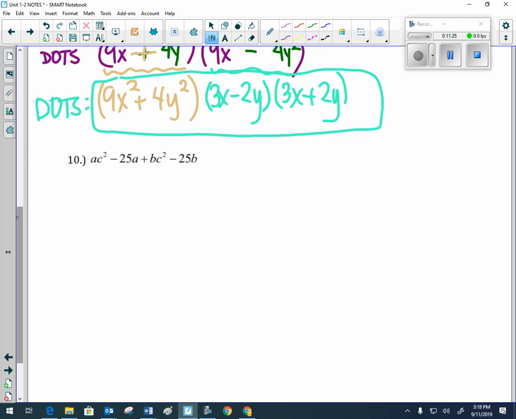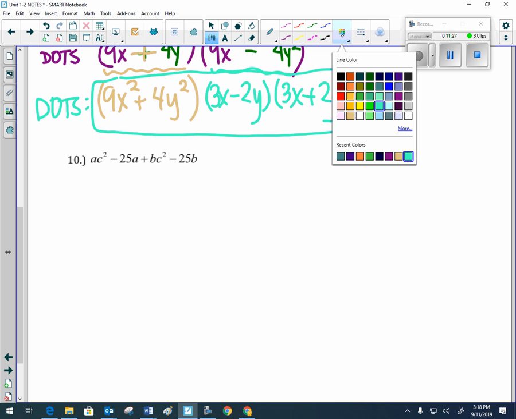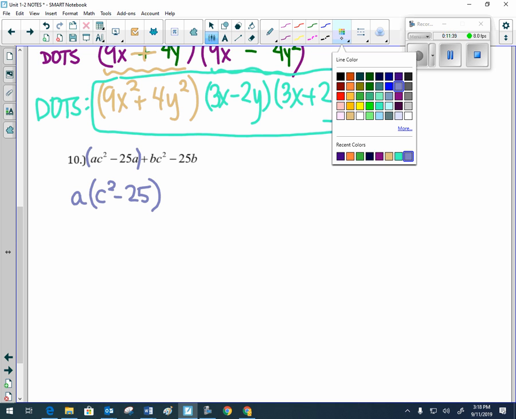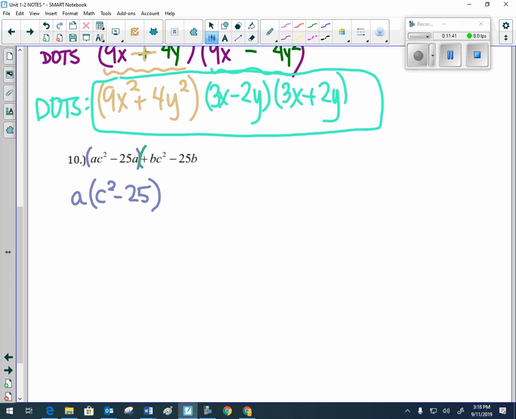So because it's not GCF, I'm going to do factor by grouping on this one. When I do the factor by grouping, I'm going to group these 2 terms together, factor out an a, and be left with c squared minus 25. When I group the second 2 terms together, I'm going to factor out a positive b, and be left with c squared minus 25.